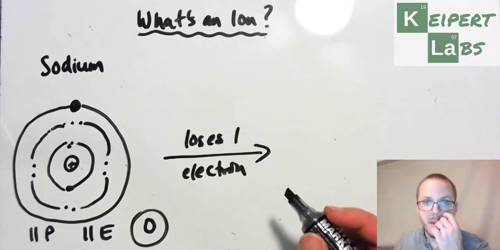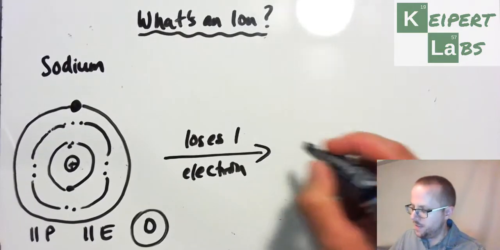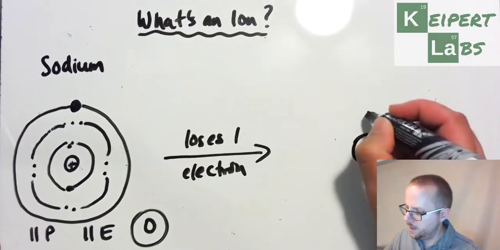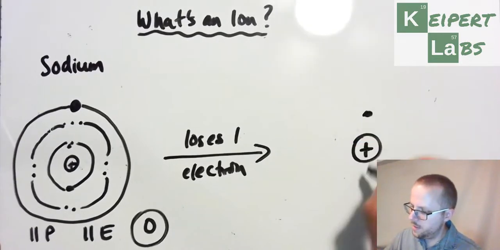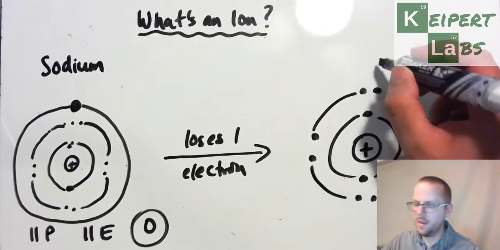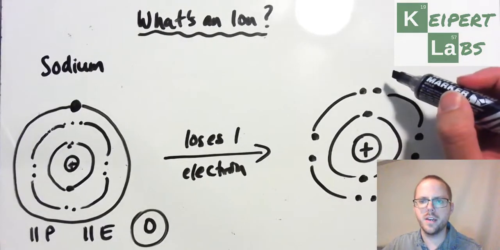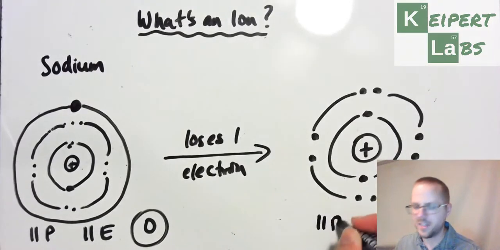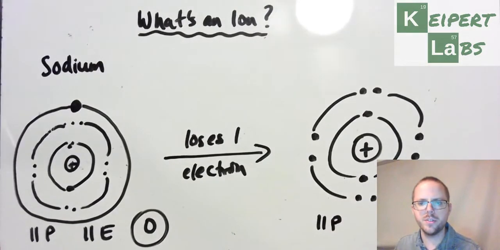So what happens then is that we have this same sodium atom with the same nucleus, and we've got those electrons in the first shell and those 8 electrons in the next shell. But now we don't have the one that was on the outside anymore. Because our nucleus is untouched, we still have 11 protons.